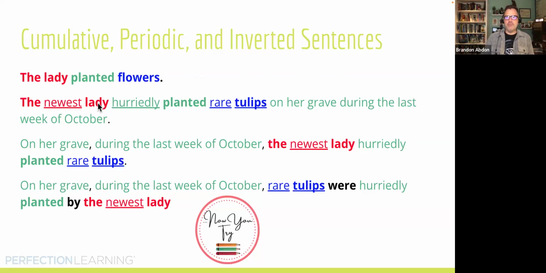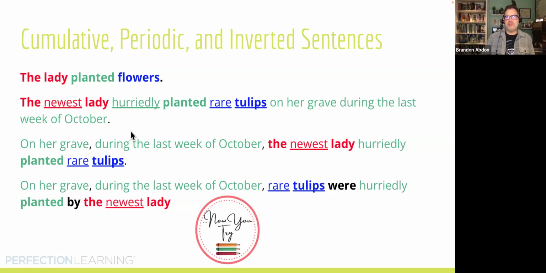So they're looking for where is the main part of the clause. Information at the end of a sentence is not always a periodic sentence, but a periodic sentence has the main clause near the end.